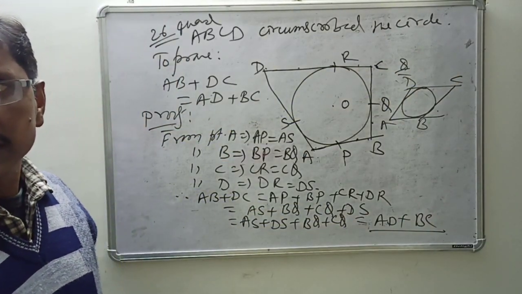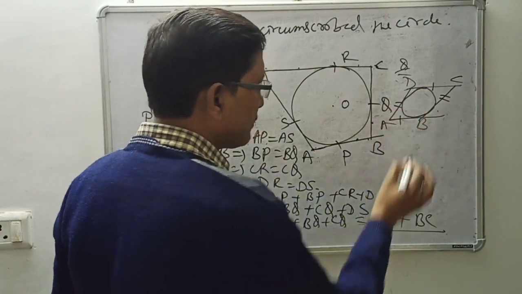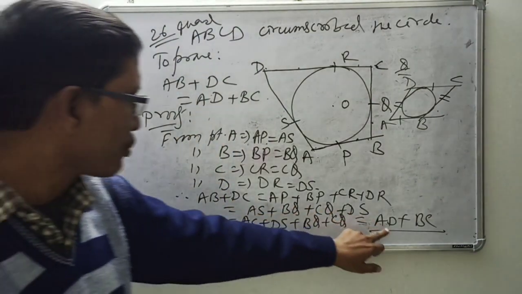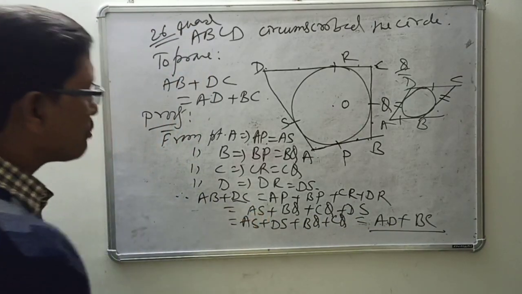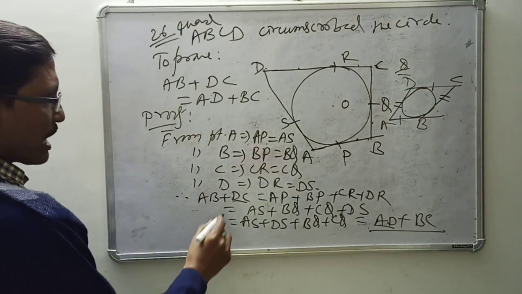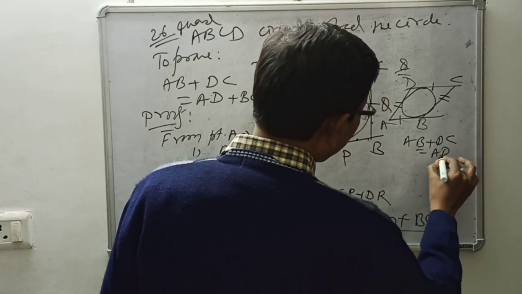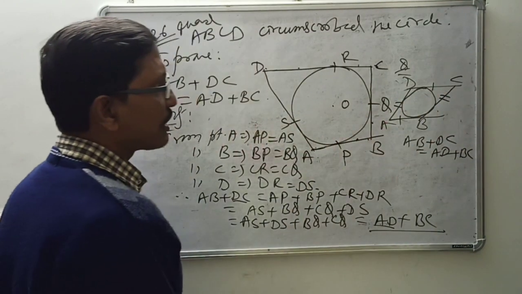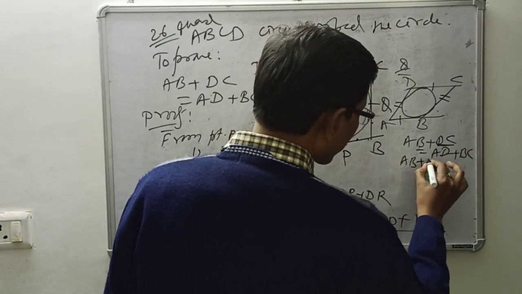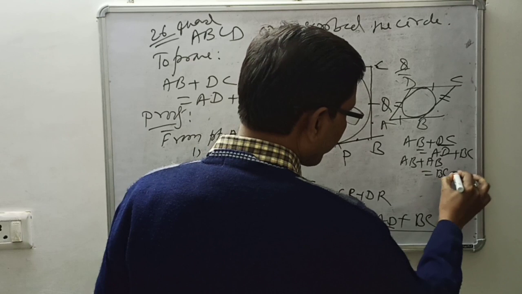But since it is a parallelogram, what will it be? AB equal to DC and BC equal to AD. So in this case, AB plus DC equal to AD plus BC. In the place of DC you can write AB, and similarly in the place of AD you can write BC, since the opposite sides of a parallelogram are equal.